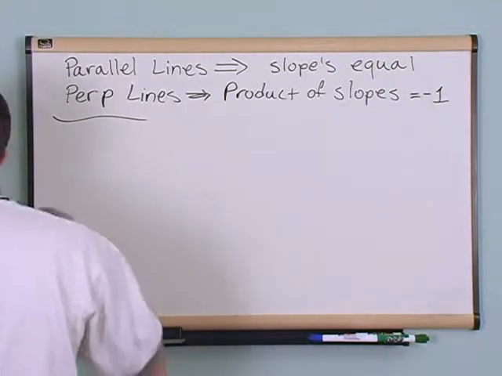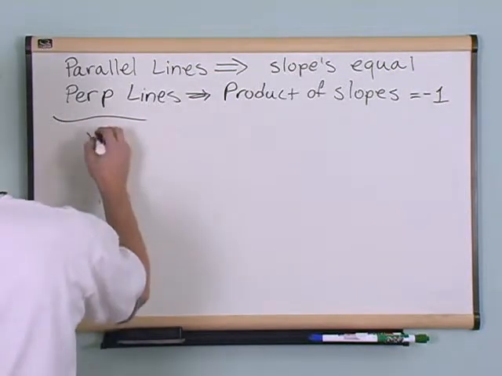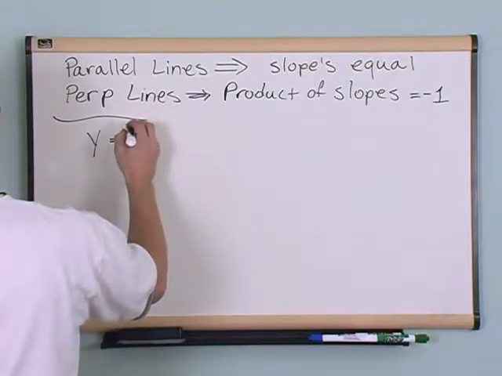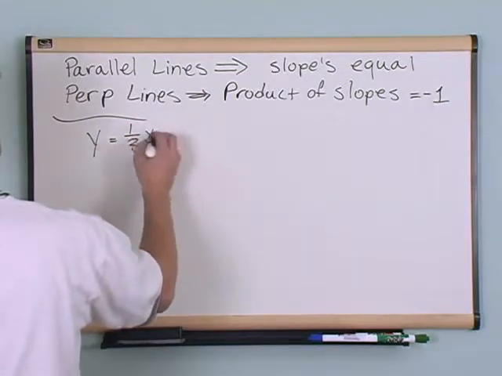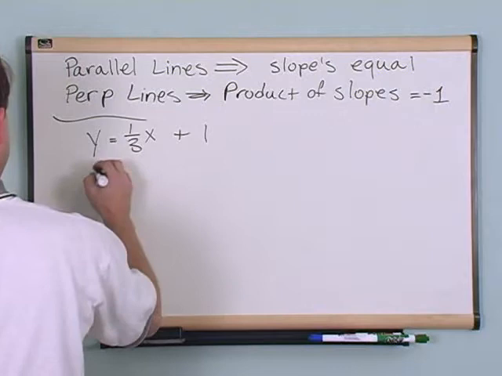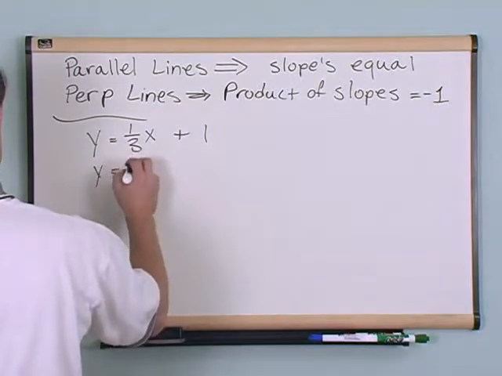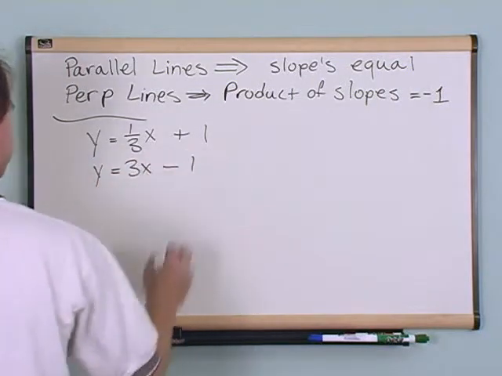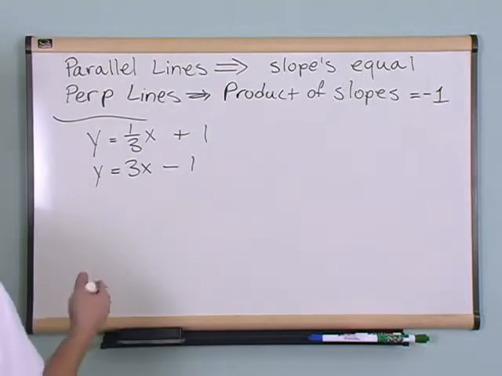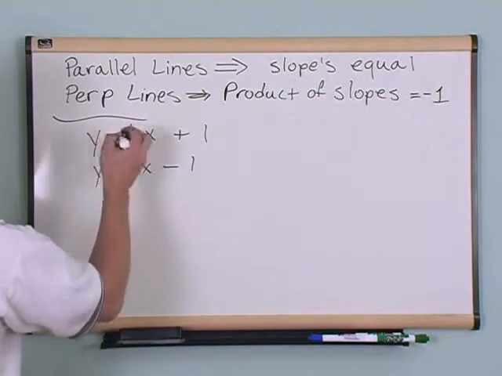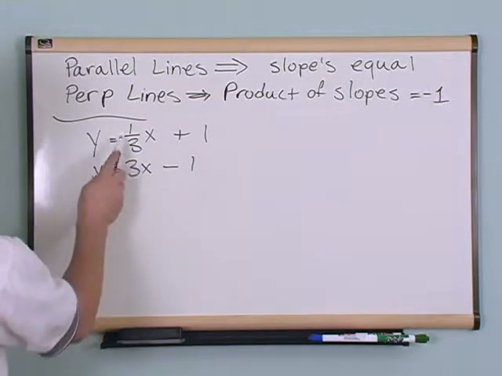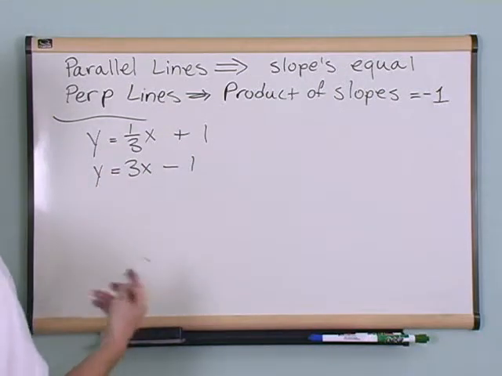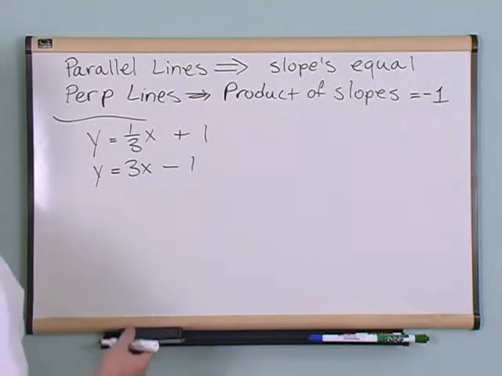Okay, let's do a different one. Let's say we have y is equal to 1/3 x plus 1, and y is equal to 3x minus 1. Are these parallel, perpendicular, or neither? Well, obviously the slopes are not equal because they're different. So let's figure out if they're perpendicular.